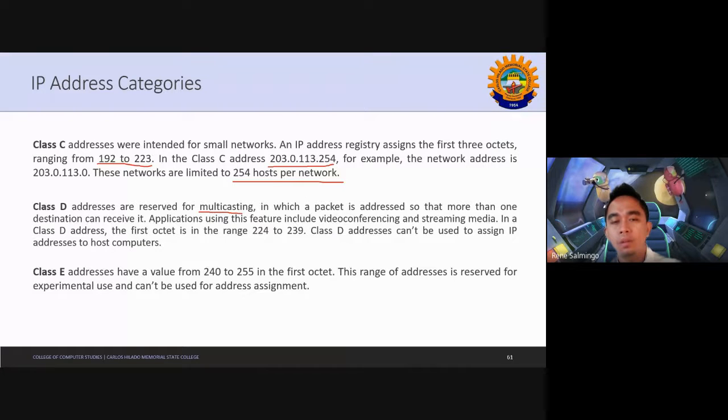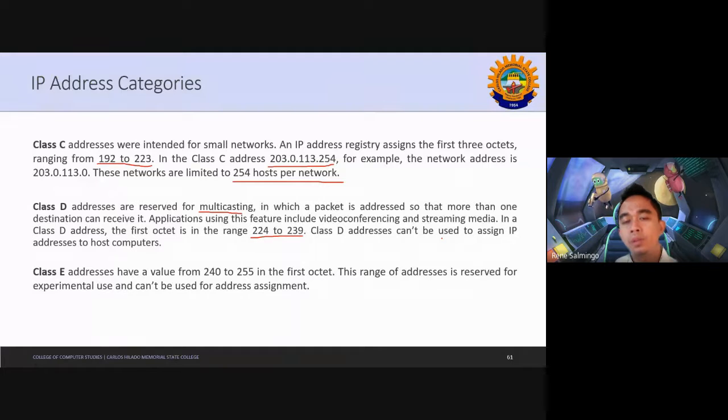This is addressed so that more than one destination can receive it, and applications using this feature include video conferencing and streaming media. In class D addresses, the first octet is in the range of 224 to 239. And by the way, class D cannot be used to assign an IP address to a host computer.